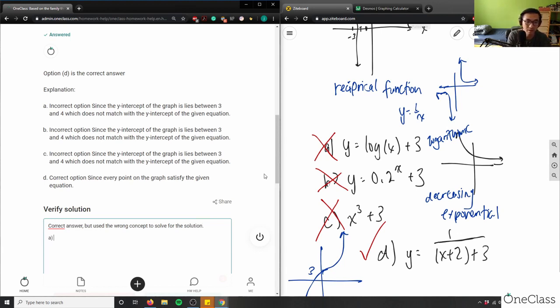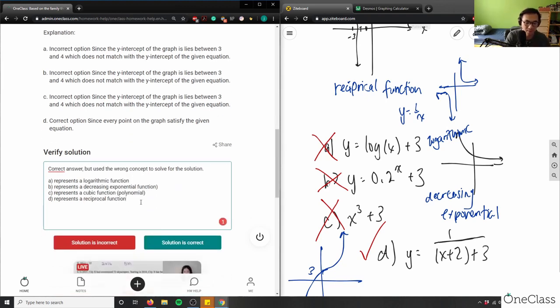A represents a logarithmic function. B represents a decreasing exponential. C represents a cubic function, a polynomial. And D represents a reciprocal function, spelled like that.